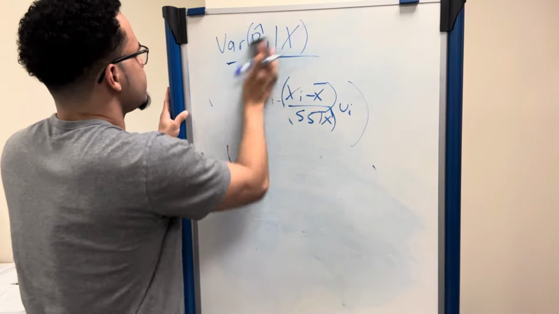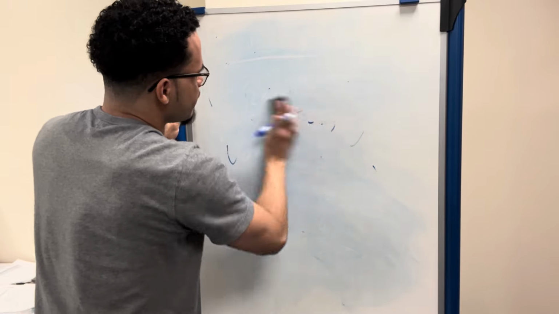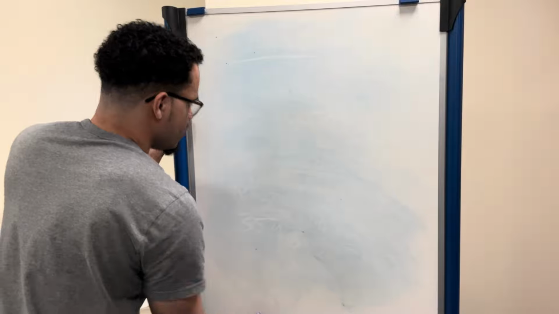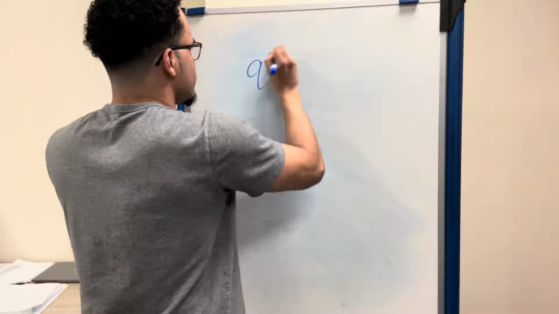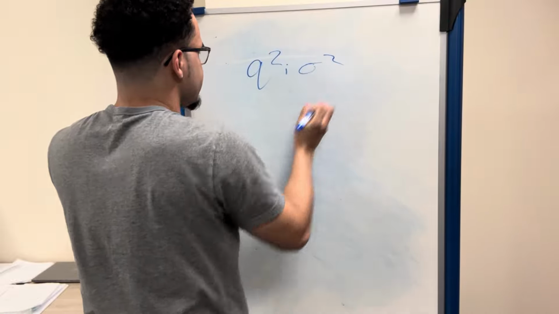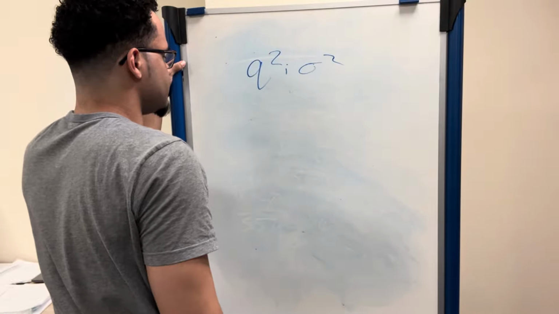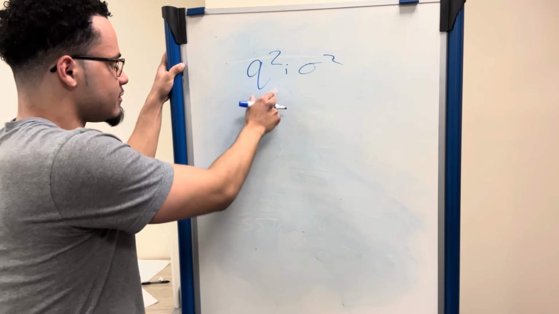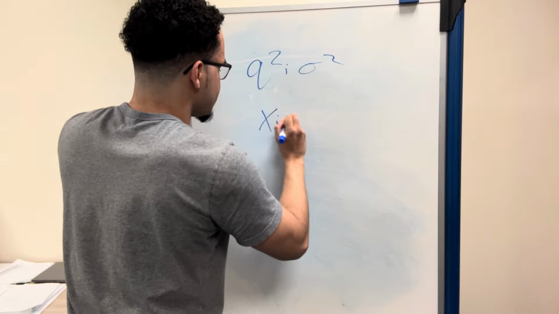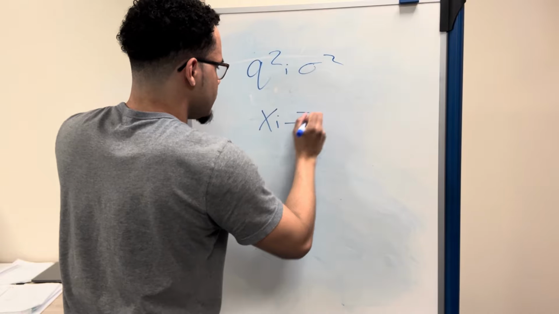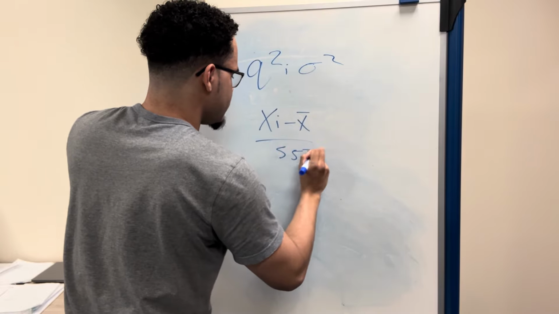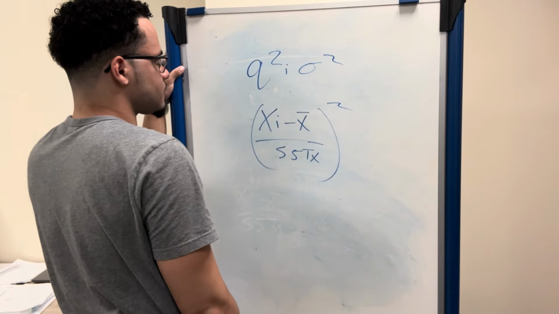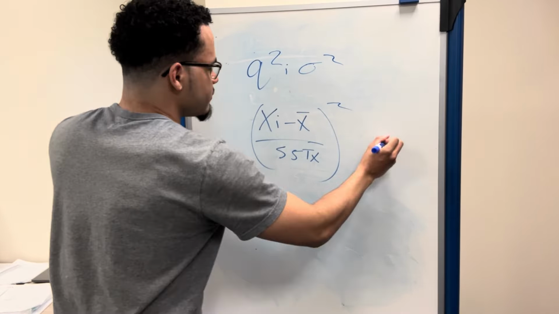We'll derive the variance, and we could extrapolate q squared times the variance to be (xi minus x bar) over SST of x, with both squared, times the variance.